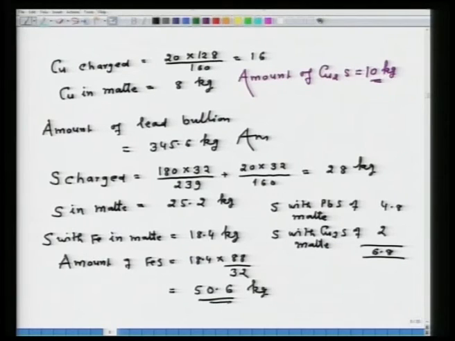So, now we are in a position to write down the MET. So, the MET amount, that would be PbS, then it has Cu2S, then it has FeS.